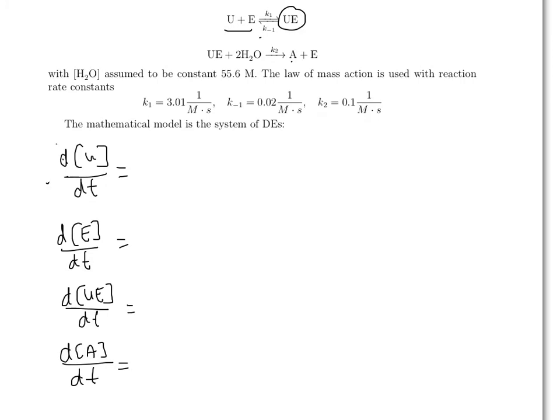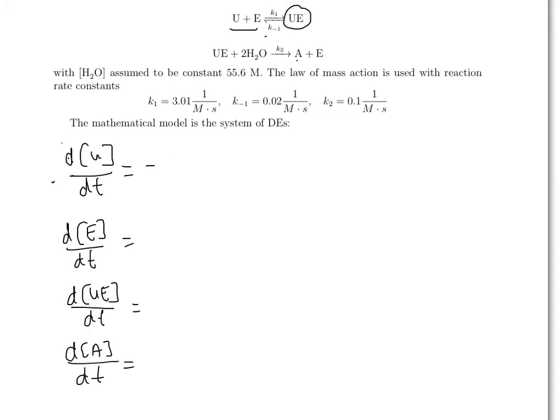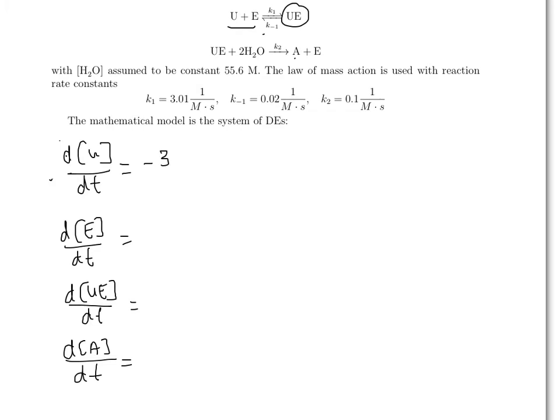So U gets used up by the chemical reaction of U with its enzyme, and we are actually given that rate. So I'm going to replace that K with our definition here. Suppose that's 3.01, and then times the amount of substrate present, urea, times the enzyme being used.